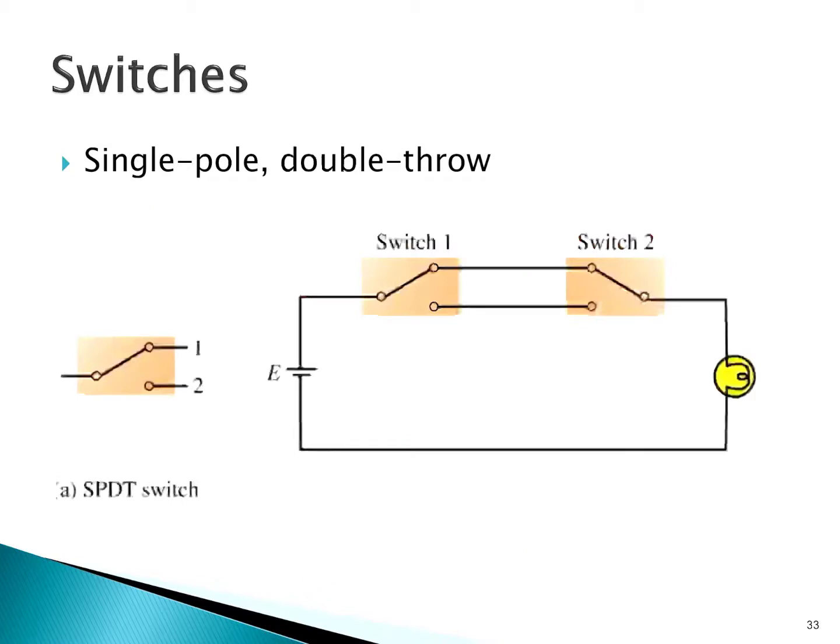Single pole double throw. This is an example of one of your three-way switches that would be in your home. So in order to make some sense of this, let's say this is at the top of the stairs. This is at the bottom of the stairs.